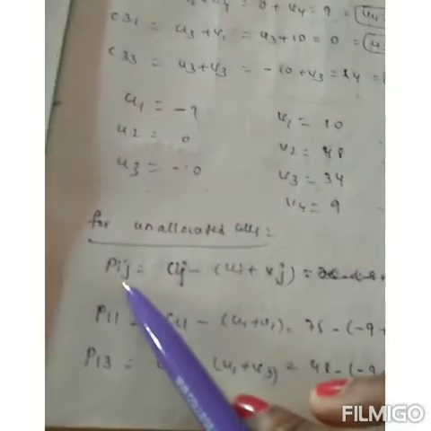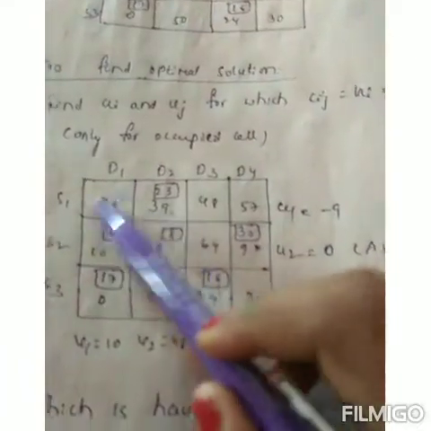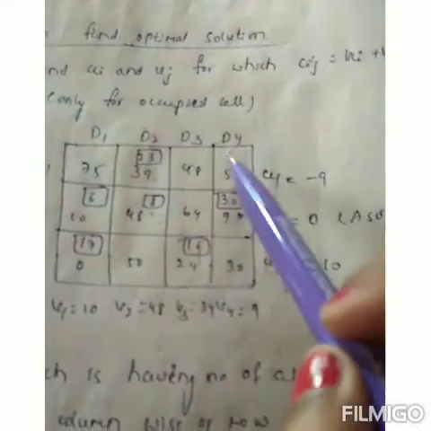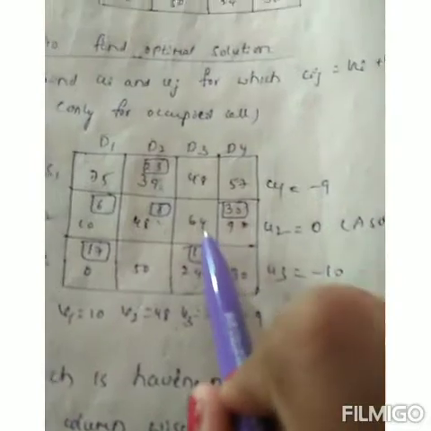Now we are going to calculate for the unallocated cells. The unallocated cells are C11, C13, C14, C23, C32, C34.